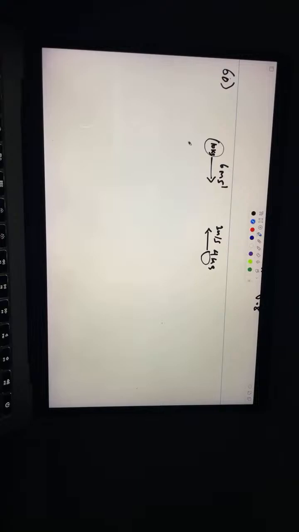So the total momentum before collision will be what? Total momentum before collision equals total momentum after collision. Total momentum before collision will be 10 multiplied by 6 minus 4 multiplied by 3. And since they stick together after the collision, that means that they will have a common velocity. So you must add the two masses and multiply by a common velocity. So this will be 60 minus 12 equals 14v.